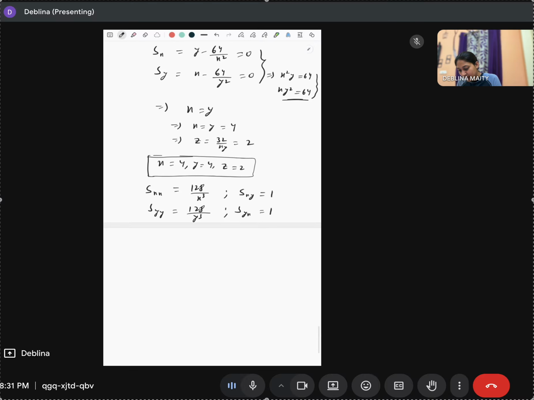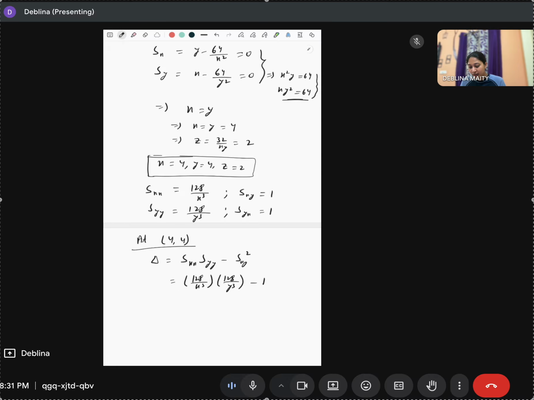At this point 4, 4, delta equals Sxx Syy minus Sxy square, and the Sxy square is 1, so we subtract 1.